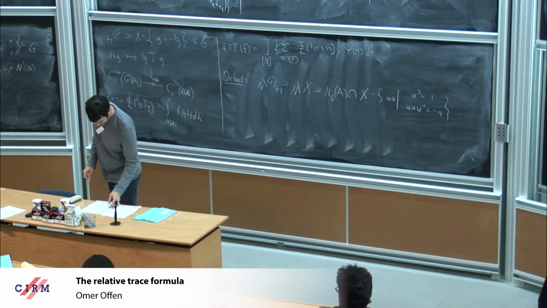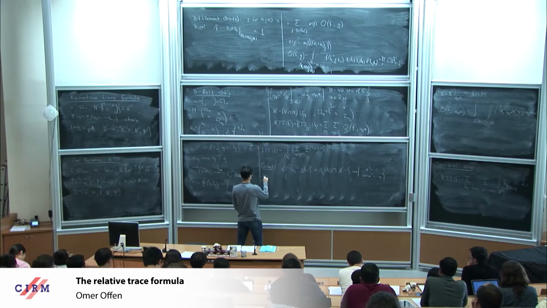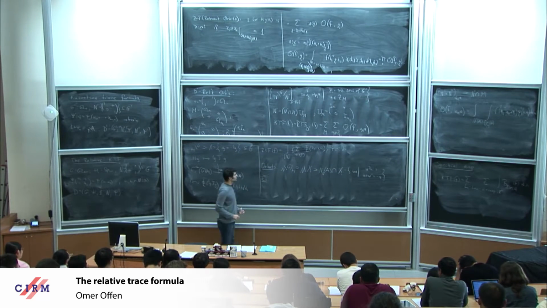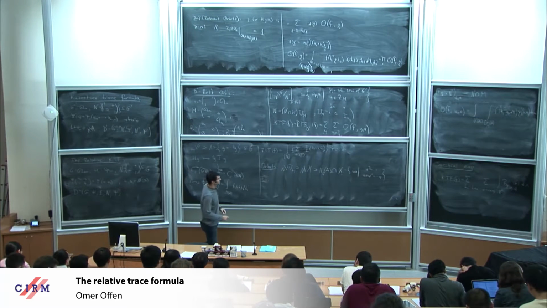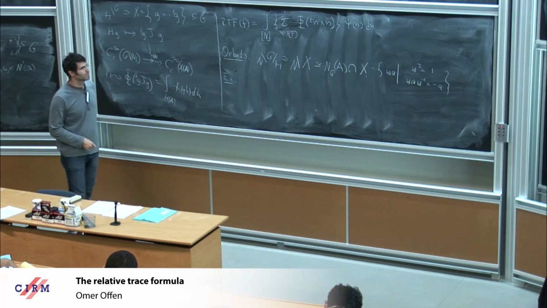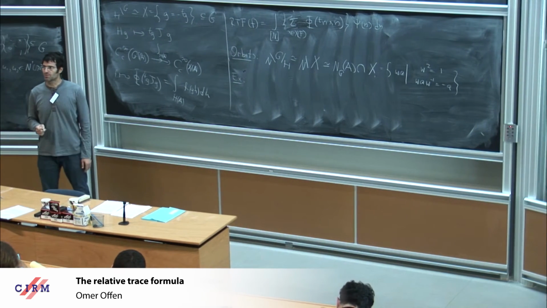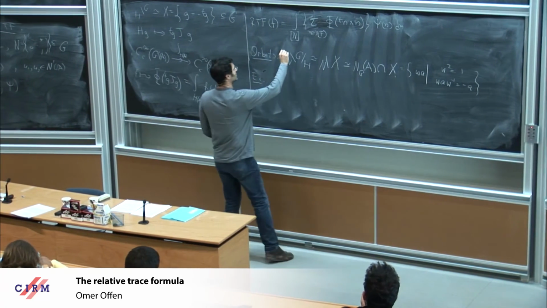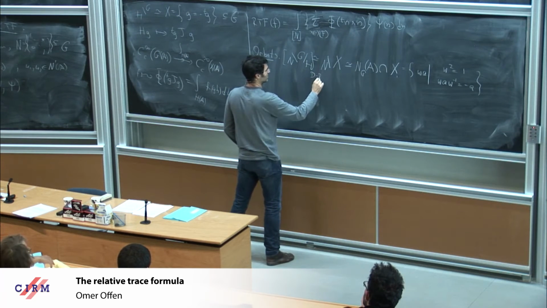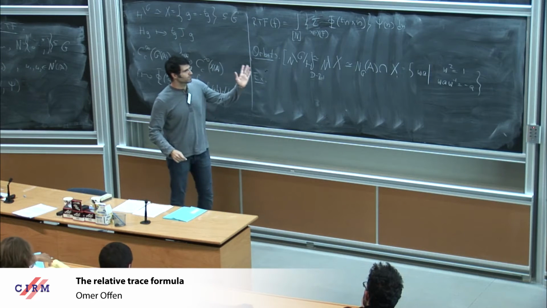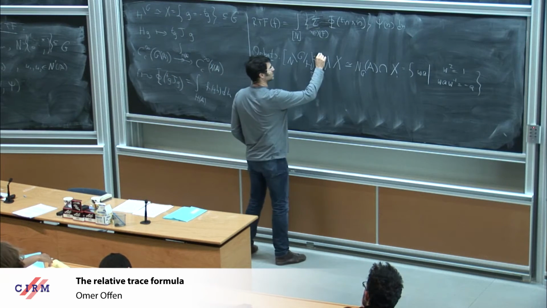Okay. So here's an exercise that will relate the geometry of this double coset with the geometry of the space for the Kuznetsov trace formula. Maybe before that, let me just remark that we are only interested really in relevant orbits, so we shift the property of relevant orbits to X, right?